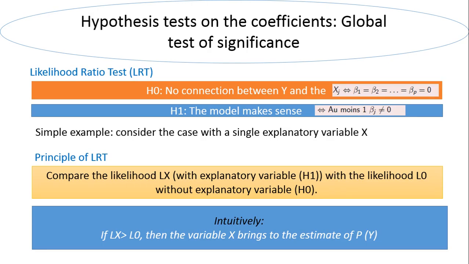That means that we suppose that every coefficient in our logistic model is null. That's the null hypothesis, and its alternative is that the model makes sense. That means that at least one coefficient is different from 0. So to test this hypothesis, we can consider a simple example, the case with a single explanatory variable.